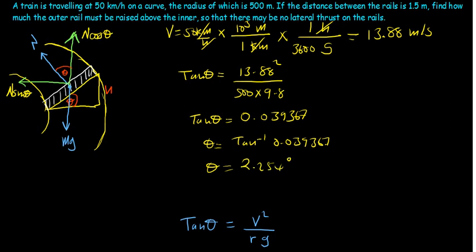Now that we know theta, we want the height. Find how much the outer rail must be raised above the inner rail. That is the height. Now we know the angle and we know the distance, which is here between the two rails. We know that. We want the height. So what we have got is a triangle like this.